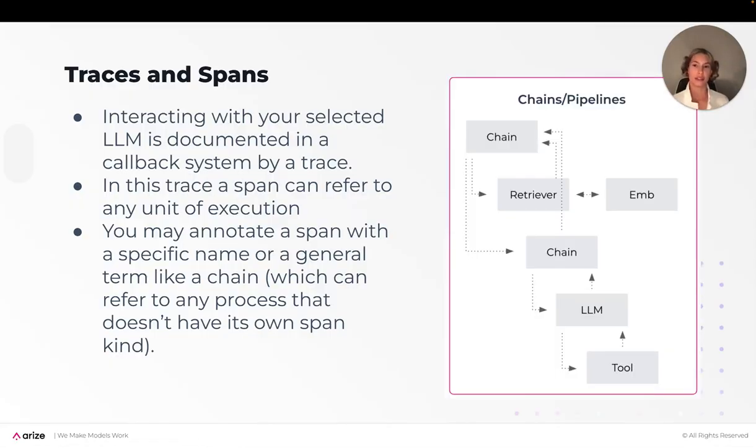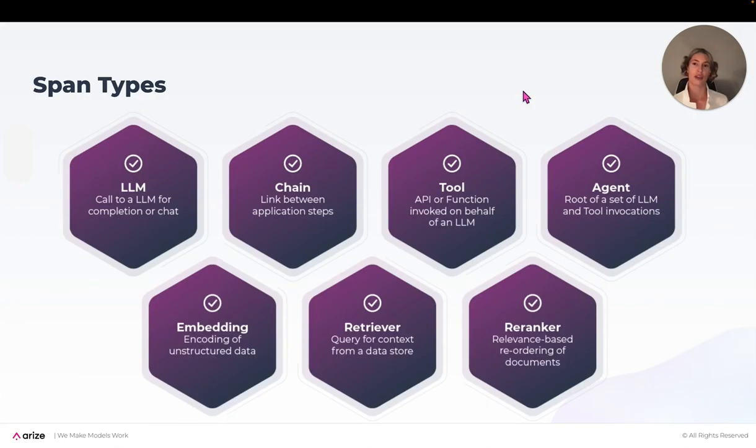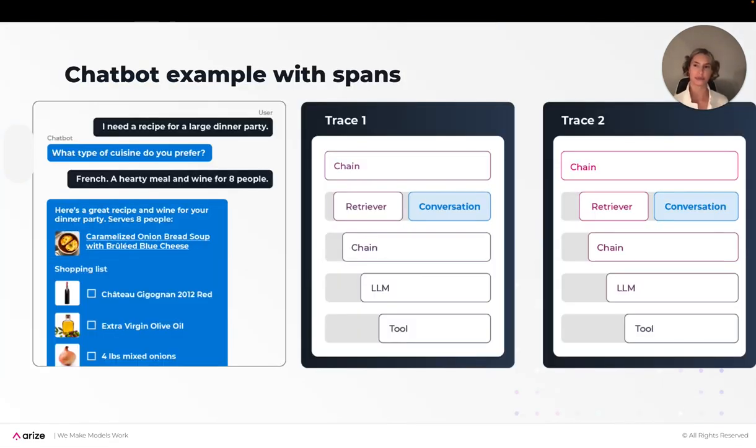So if you're interacting with your selected large language model, every time you invoke it, it's documented in a callback system via trace. So this is an example of one trace where each span refers to a unit of execution. The most common span types that we're seeing are around large language models, chains, tools, agents, embeddings, retriever, which can retrieve information from any database, and re-ranker, which is now being used more often as a relevance-based reordering of documents.